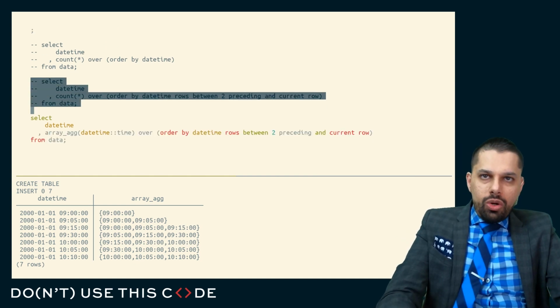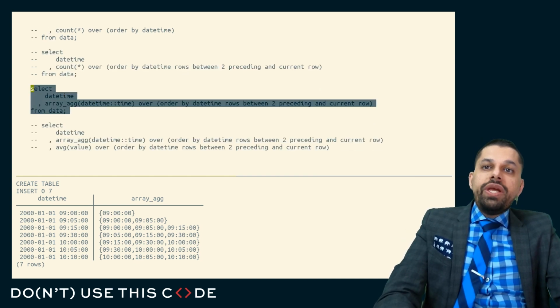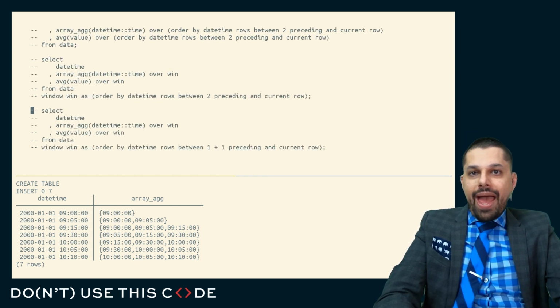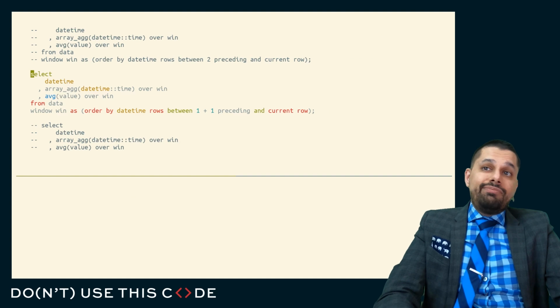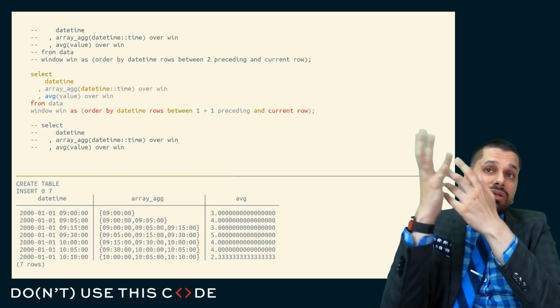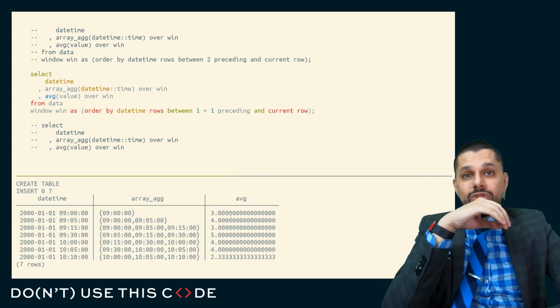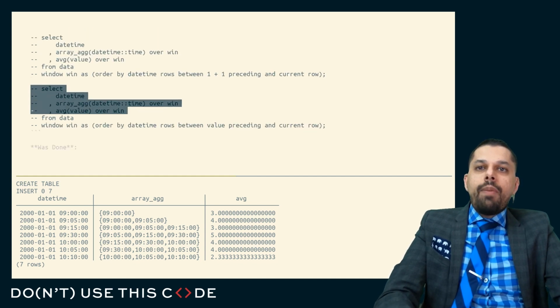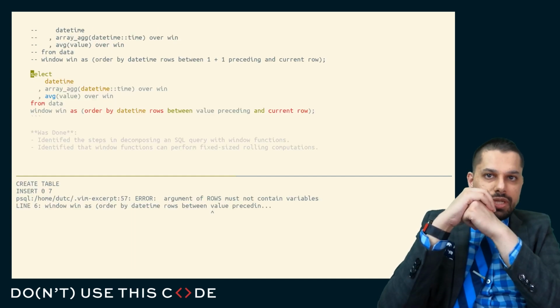An important qualification on the window function is we can make this window function operate on a programmatic window, a window that's set by an expression. Rows between 1 plus 1 preceding and the current row. But we cannot make this window function operate on some variable size.